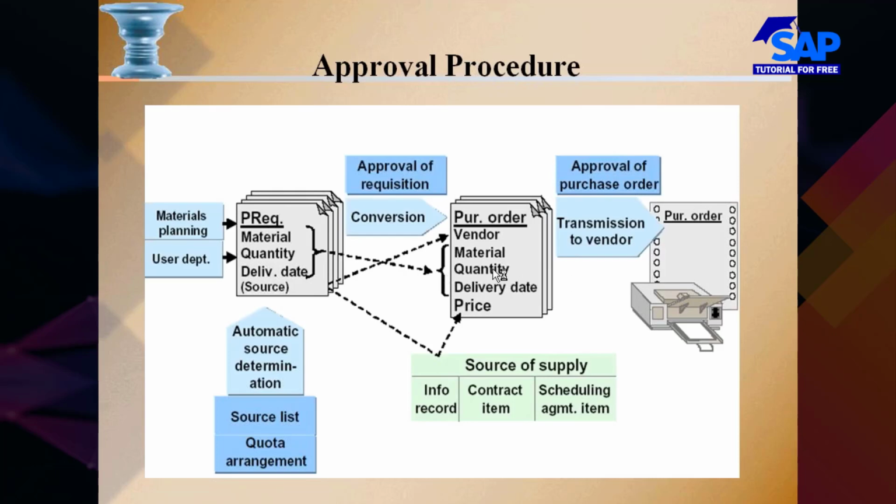Similarly, if you set up a release procedure on the purchase order, unless all the approvals of the document are completed, you will not be able to transmit the purchase order to the supplier. So the key here is who are all the people to approve and whether they have approved it or not. Only when the document is approved completely, it will be released for the next steps to be carried out on that particular document.